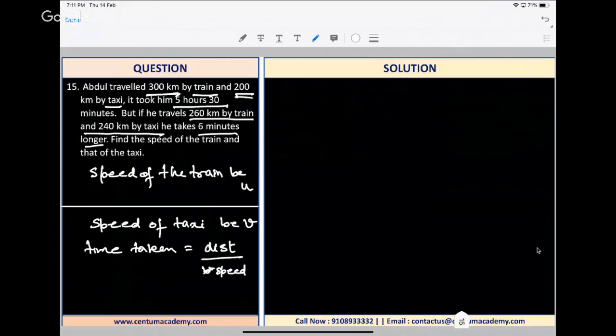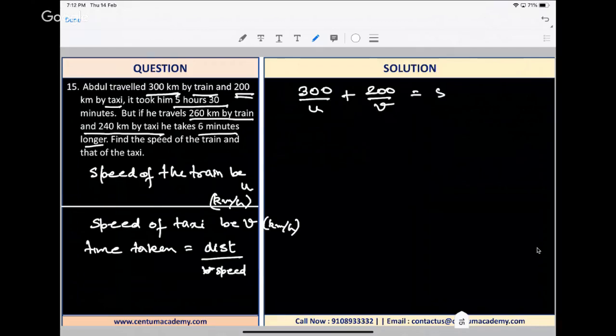Let's take the first case, and please also mention this is kilometers per hour, so that there is no confusion in units. Now time taken is distance upon speed. So 300 kilometers by train, that means time taken will be 300 upon u, and 200 kilometers by taxi, so 200 upon v. It took him 5 hours and 30 minutes.